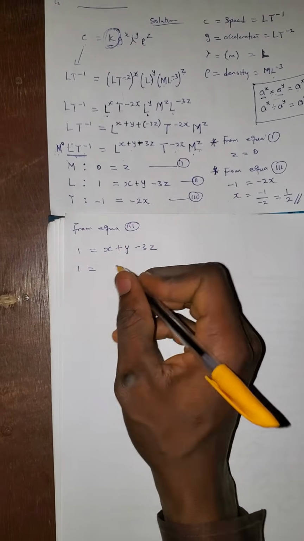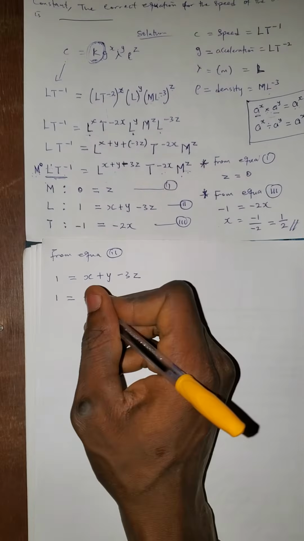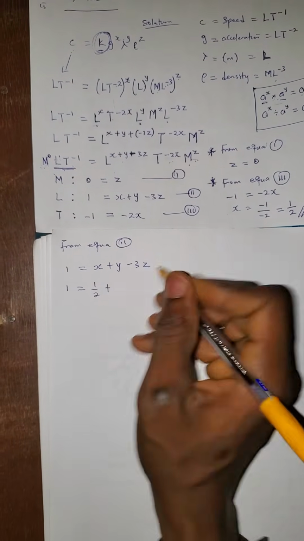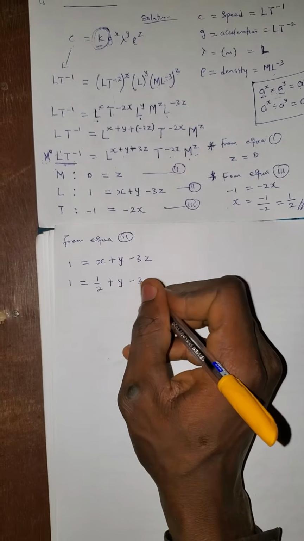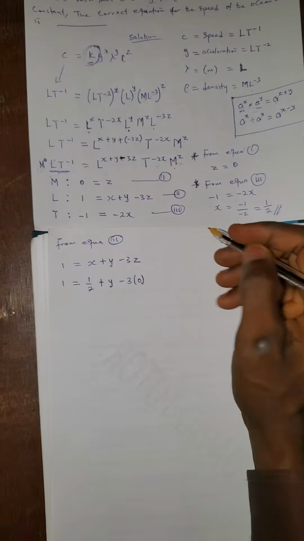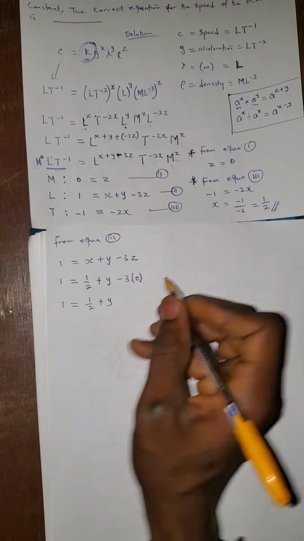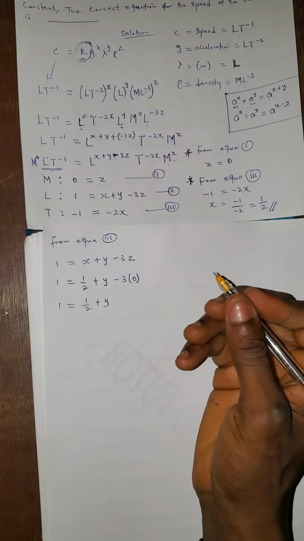We've gotten x here, which is 1 over 2. So we have 1 over 2 plus y, and minus 3 into bracket 0 because our z is 0 from equation 1. Then we now have 1 is equals to 1 over 2 plus y, because minus 3 times 0 will be 0.